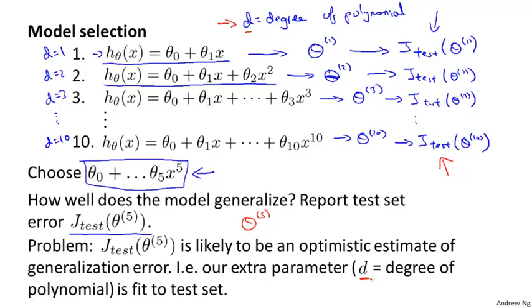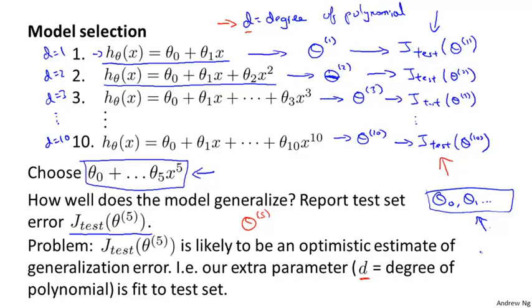So just to reiterate, on the previous slide, we saw that if we fit some set of parameters, say theta 0, theta 1, and so on, to some training set, then the performance of the fitted model on the training set is not predictive of how well the hypothesis will generalize to new examples. It's because these parameters were fit to the training set, so they're likely to do well on the training set even if the parameters don't do well on other examples.